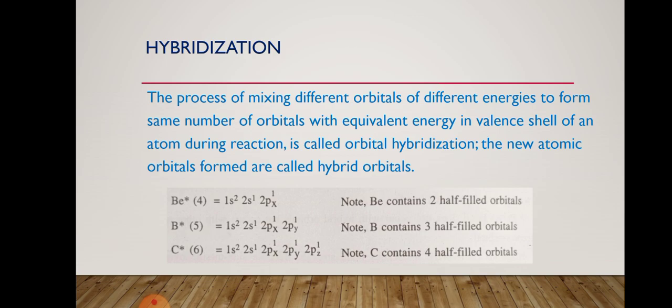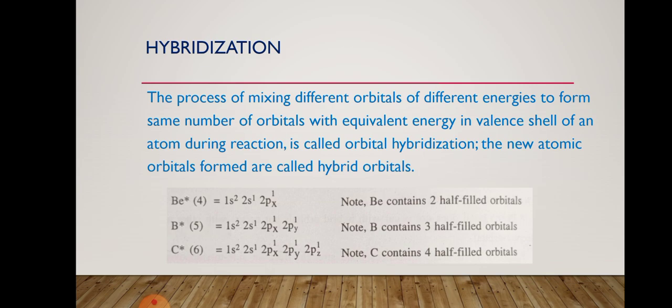We can know about the shape of molecules and ions and bond stability of them, and we also can know about bond formation and shape of compounds or molecules by hybridization. Now, what is hybridization?